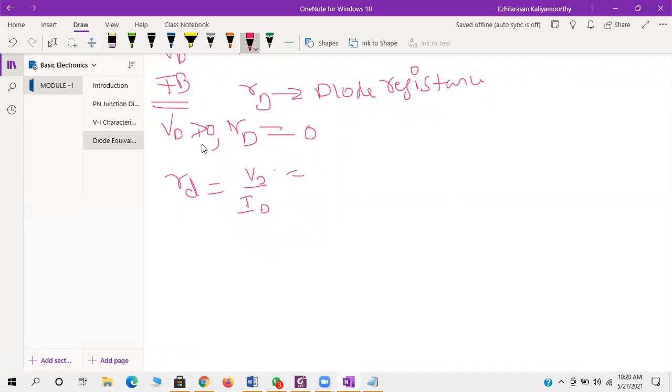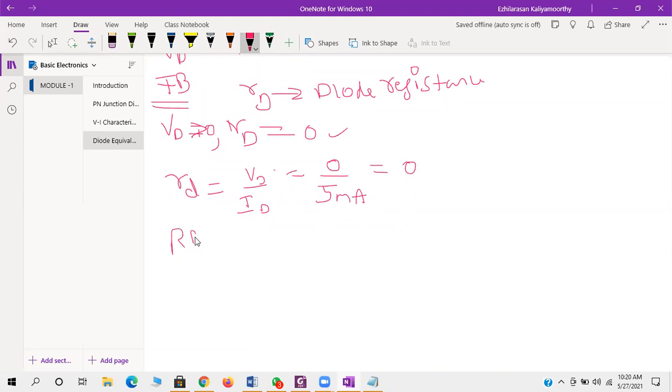Now you have to assume VD is equal to 0. Then ID will be some small value, because as I said, ID is very less. For example, if I take ID as 5 milliampere, then RD will become 0.